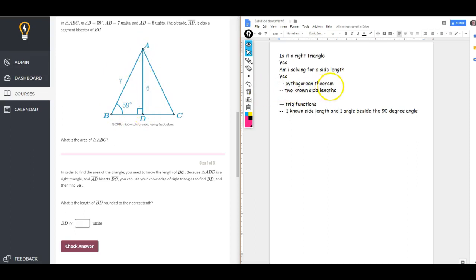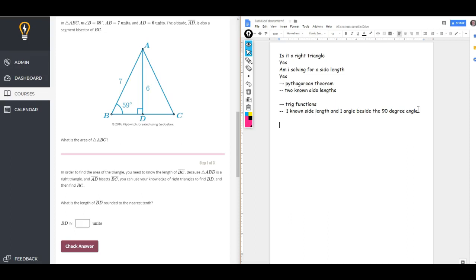So that meets the Pythagorean theorem requirements. Also, it meets the trig functions requirements because we have this angle of 59 degrees and a side length. At least one. We have two of them. So we could use the Pythagorean theorem or the trig functions. It just depends on which one you are more comfortable with.